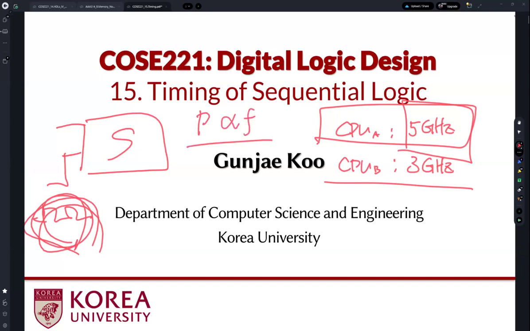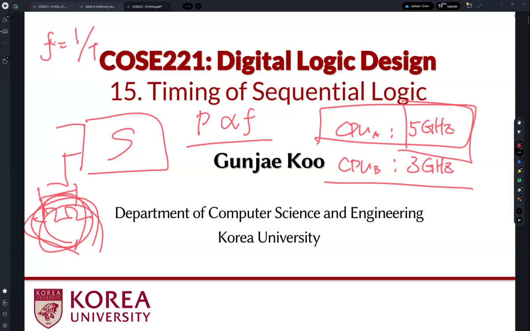And what is the frequency of a clock signal? The frequency F is the inverse of the clock period, right? So the period of the clock signal determines the performance of our digital system.